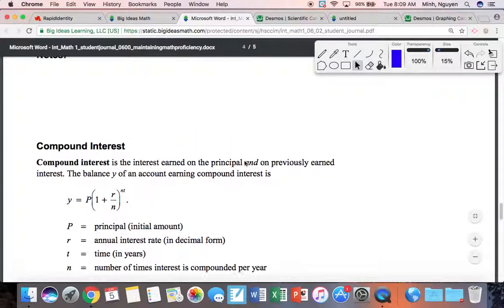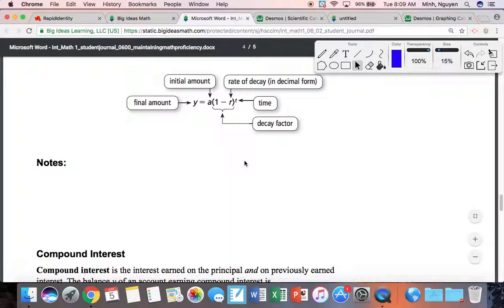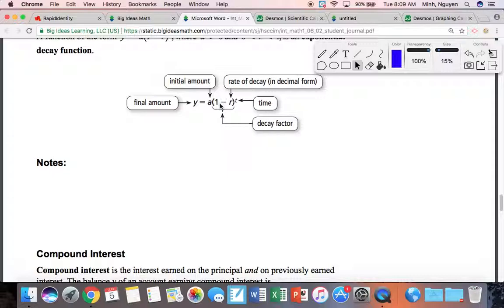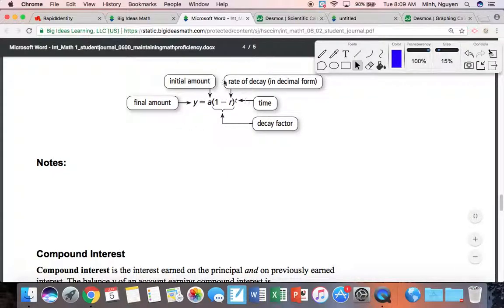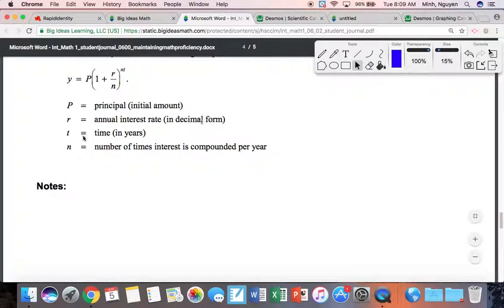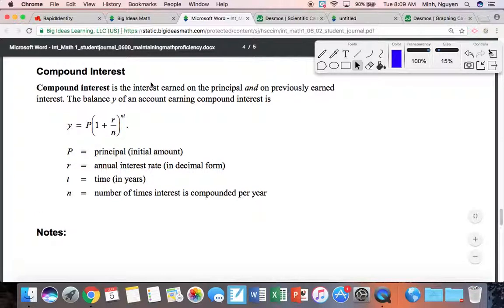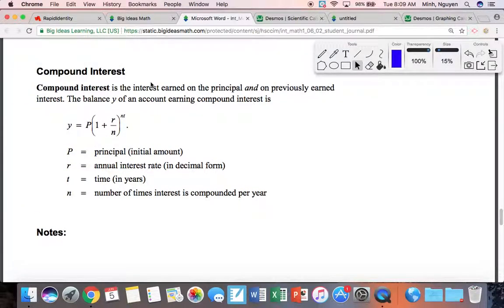Okay, so I went through the formulas, and like I said, it's going to be simple because we're just referring to the growth one, the decay one, or the compound interest one every time. It's going to be very technical because you have to define what the principal is, what the annual interest rate is, and so on.